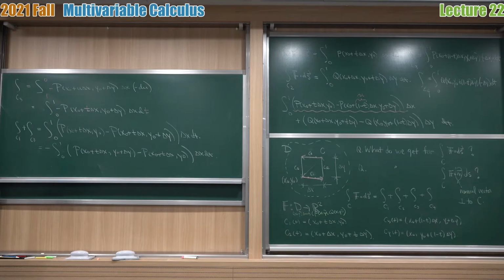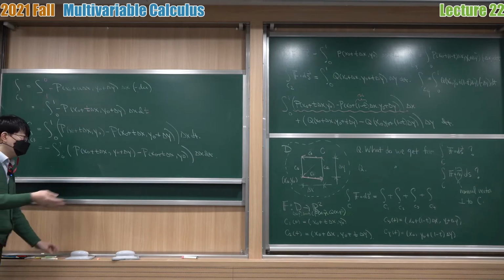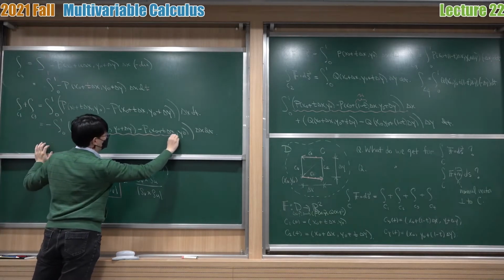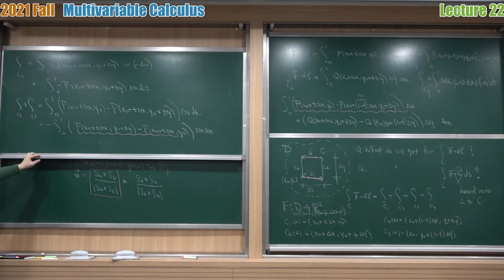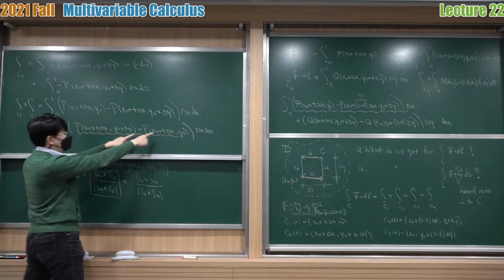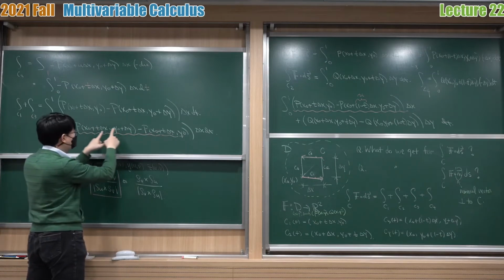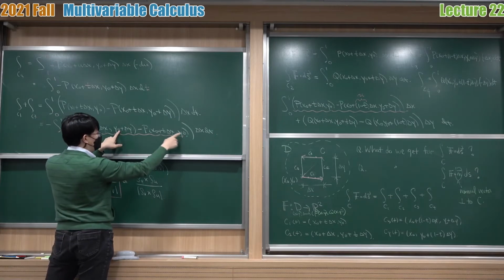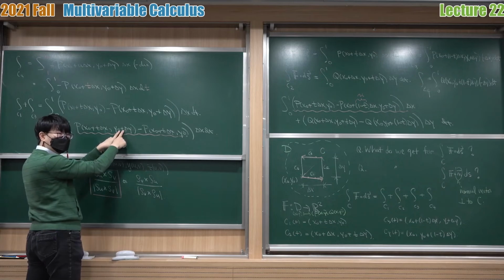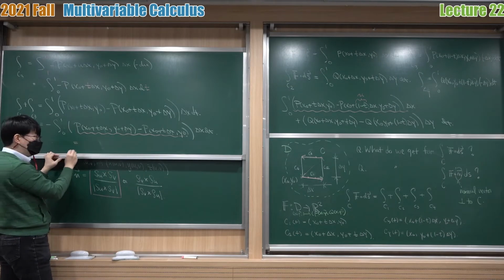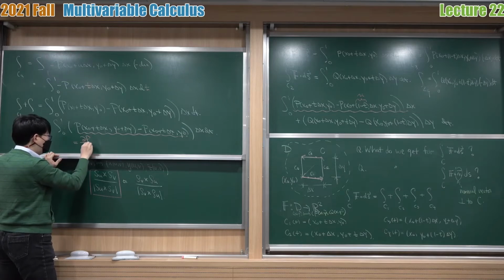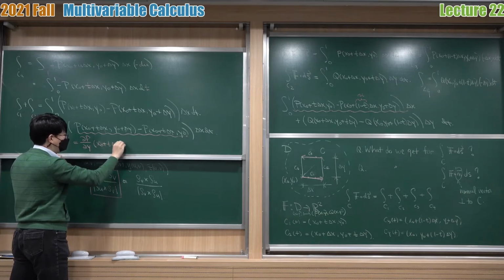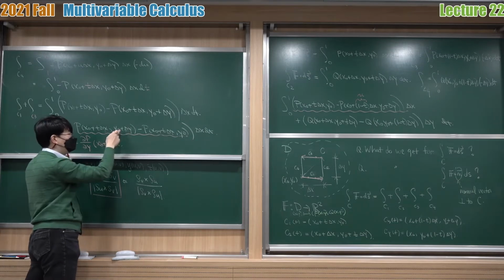It's not that the mean value theorem is not used at all, but it's used in a different context. The idea is exactly the same as I just mentioned before, but here we have fixed x. X is the same, and y is changed. We are looking at the difference between p at y0 and y0 plus delta y. So this is equal to the partial derivative of p by y at fixed x and some point between y0 and y0 plus delta y.